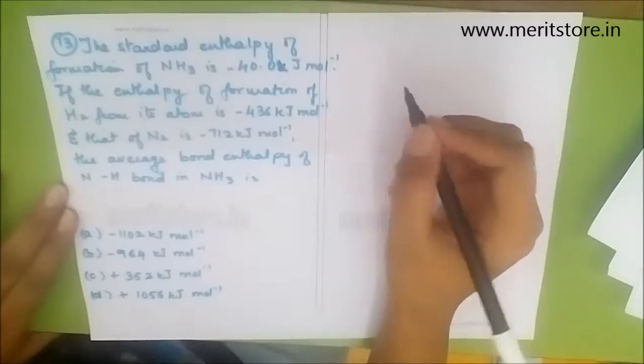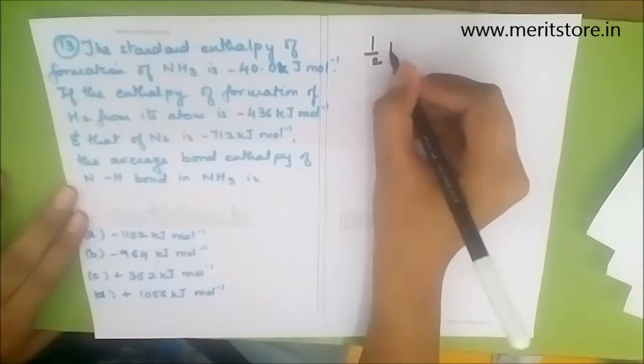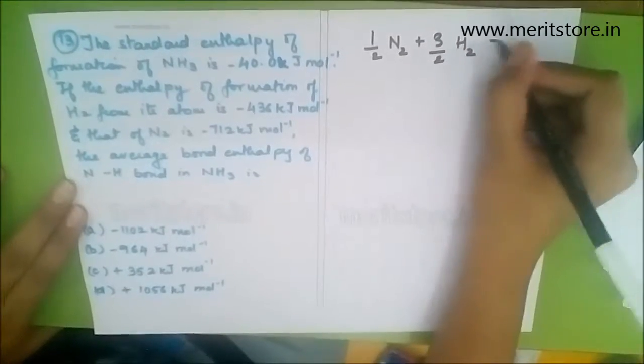Now here, going for the reaction for the formation of ammonia, that is NH3, the reaction is given as follows.